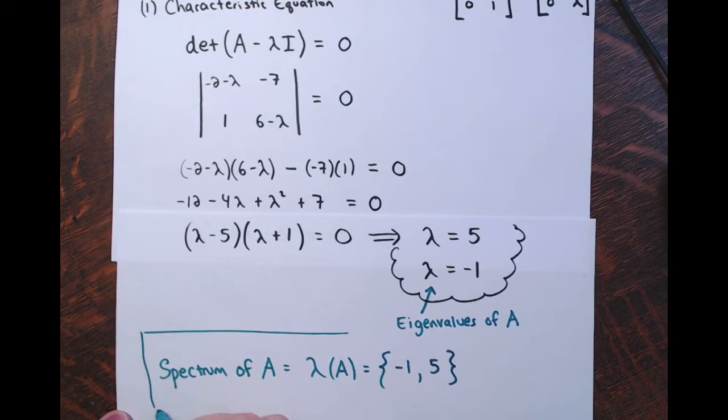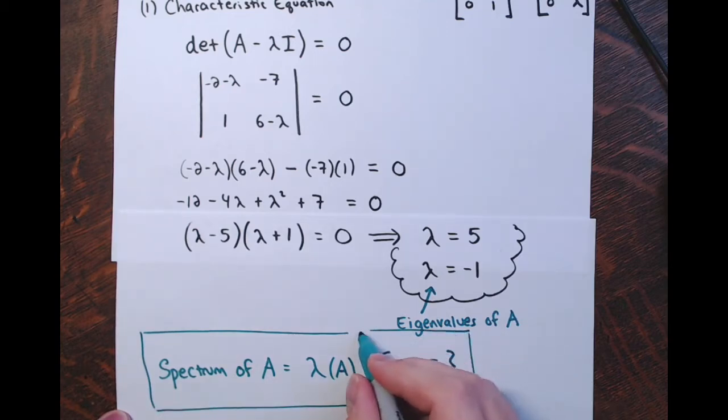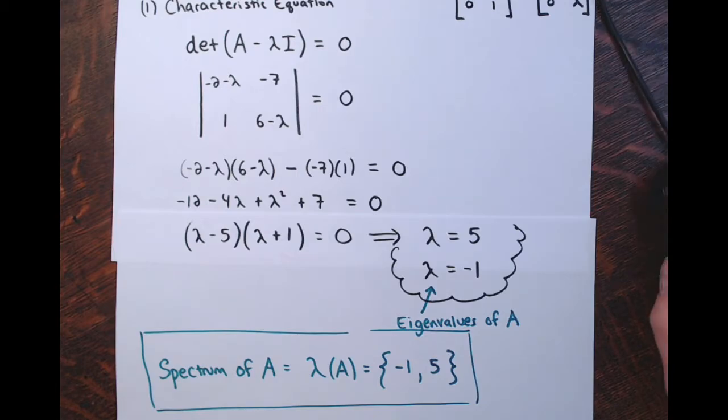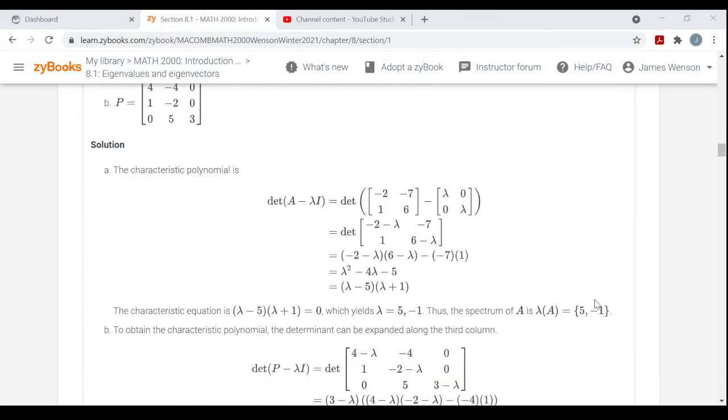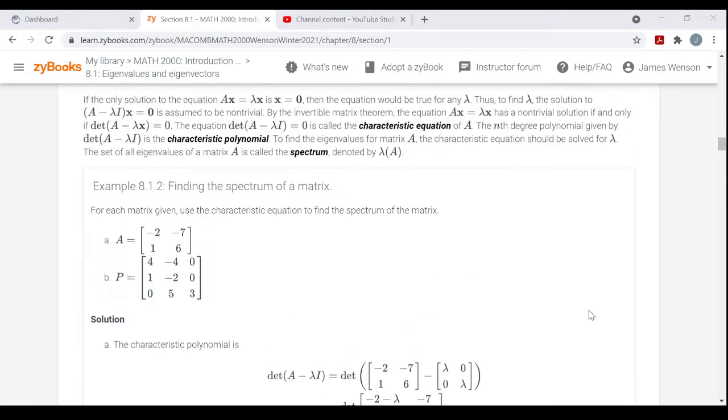And this is what I was asked to find in this example. All right. So again, back here you can see them work that out. See 5 and negative 1. All right, and I'll do that again for matrix P.